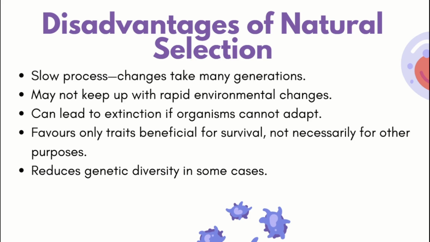So basically, they need to mate. Natural selection doesn't care about mating or sexual reproduction. It's only really focusing on survival. It's not focusing on, oh, you need to mate and reproduce. So that's basically what it means.